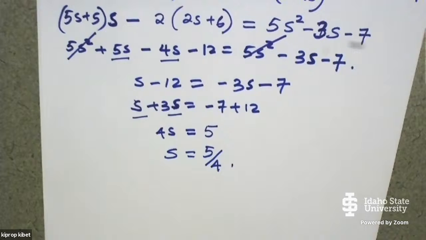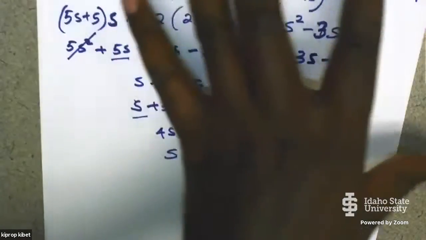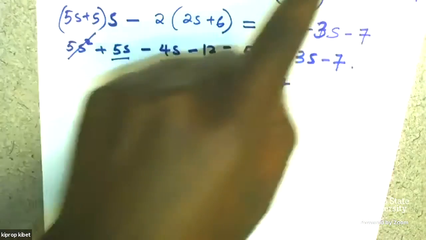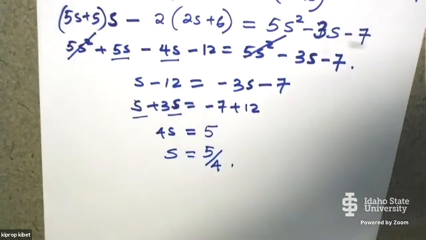It's 4s; when you divide by 4, it's 5 over 4. You can actually prove whether you're doing the right thing by taking it back to the first equation. Then this section should be equal to this. Any question?